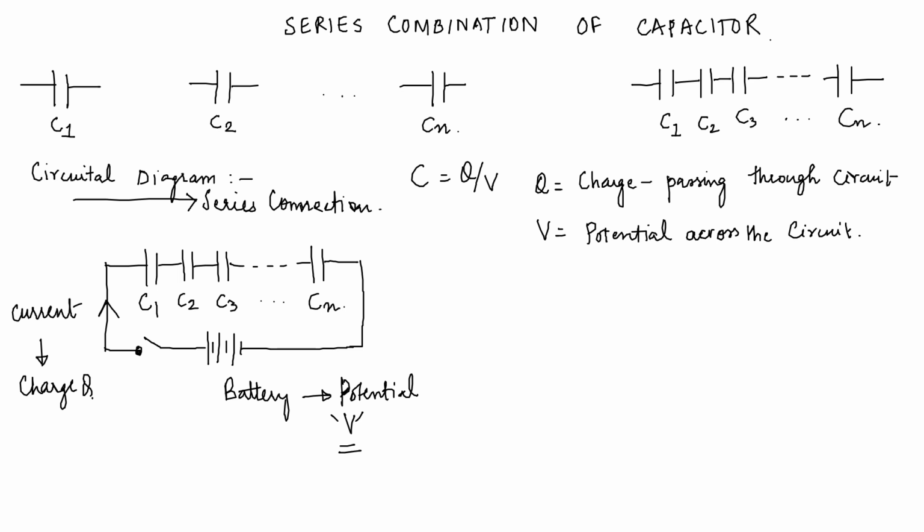So in this series combination we have three things: C, Q and V. Out of these, we need to calculate one according to the combination. But Q is provided in the circuit and V is also provided in the circuit.